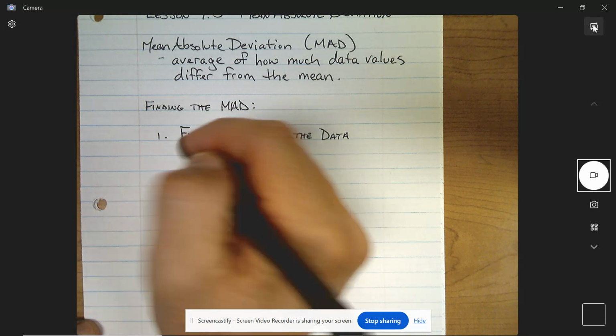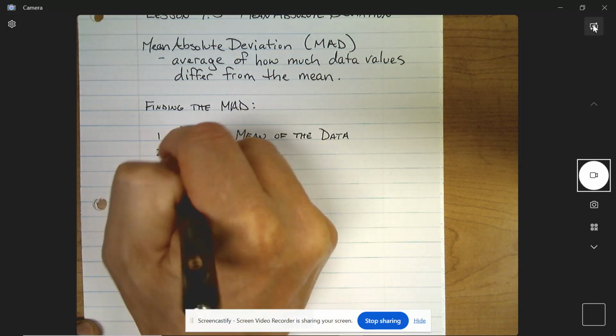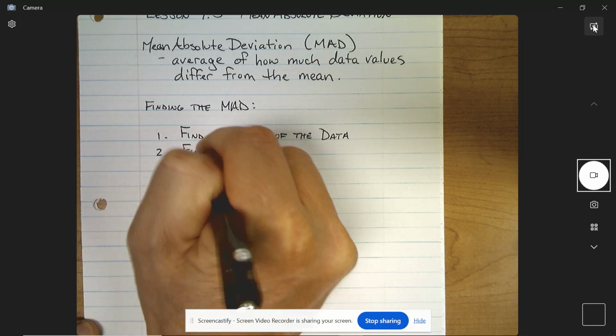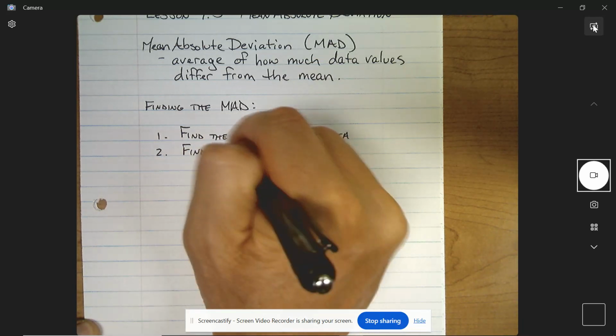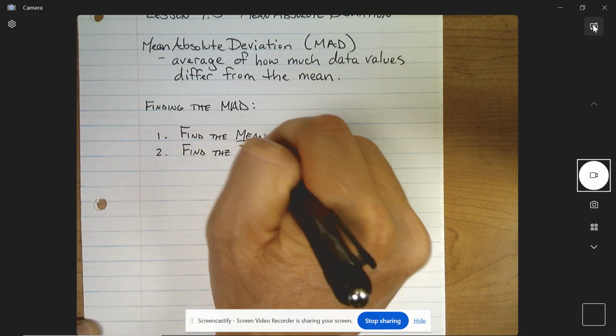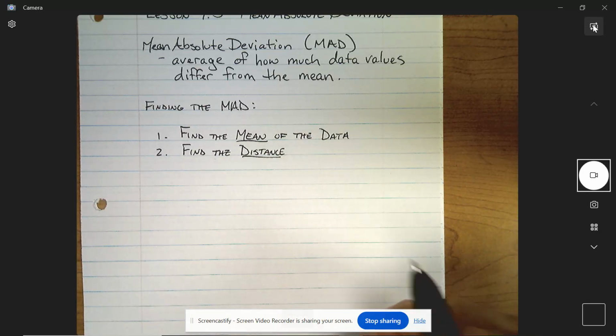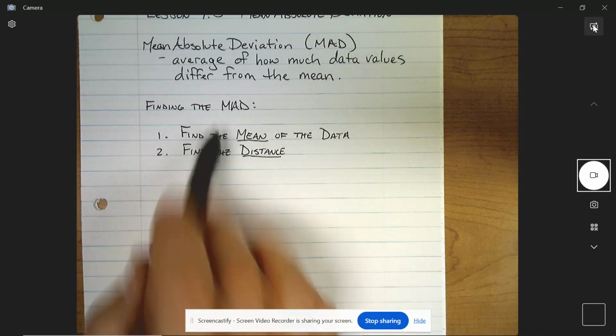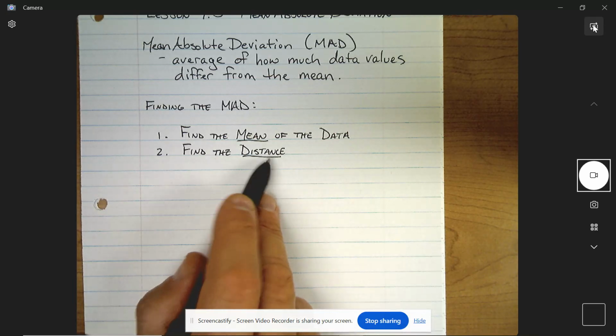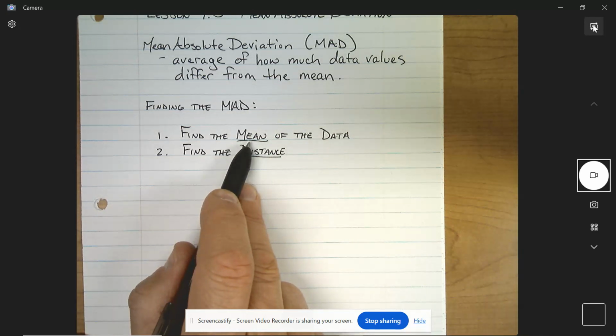Step 1. Step 2, we're going to find the distance. If you think back to when we were doing absolute value, that's just the distance from 0. In this lesson, we're finding the distance not from 0, but from the mean that we found in step 1.